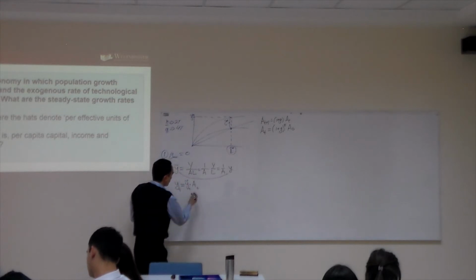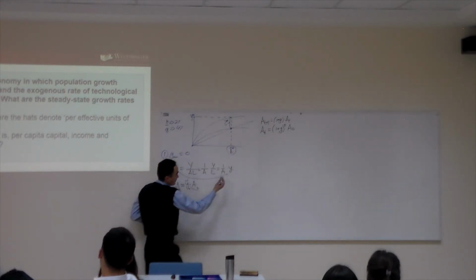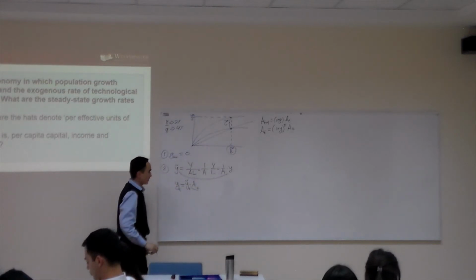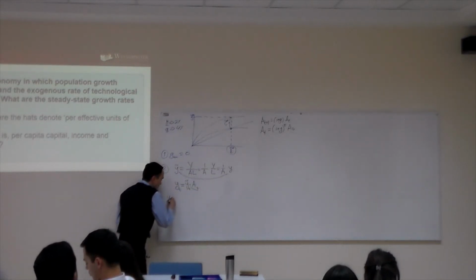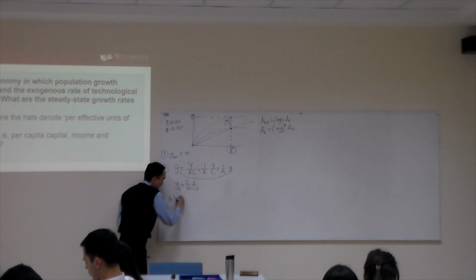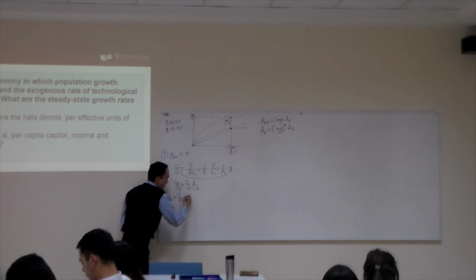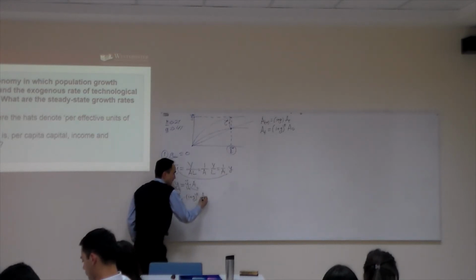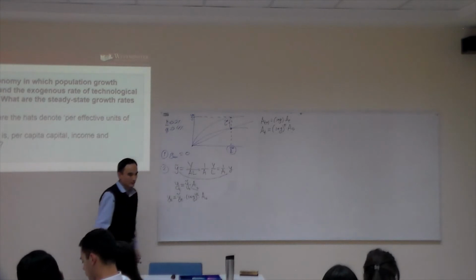So we are going to place this factor instead of this A. Then you will get output per worker is equal to output per effective labor times 1 plus g in the power of t times initial level of technology.